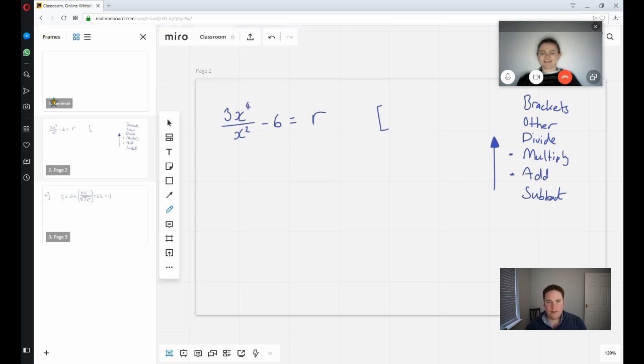Right, so these are effectively grouped together. Okay, so yeah, it's the -6. Okay, +6.